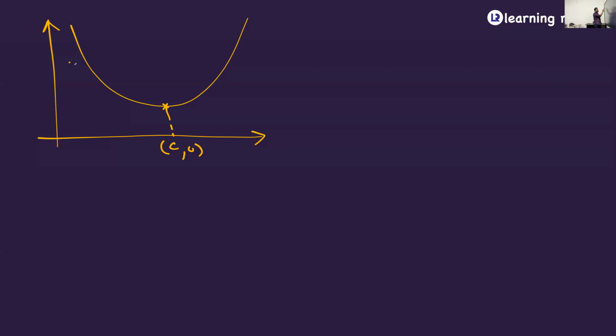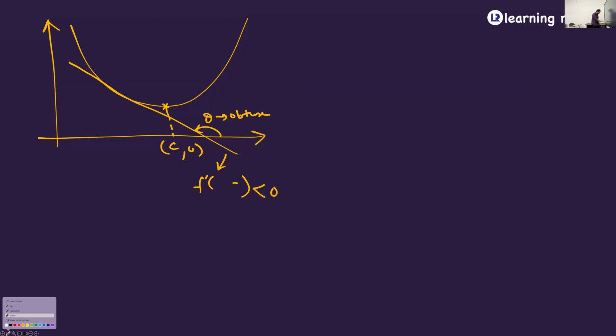On the left of c, if I draw a tangent, anywhere you want, it always makes an obtuse angle. So the slope, f dash of c minus, will be less than 0.